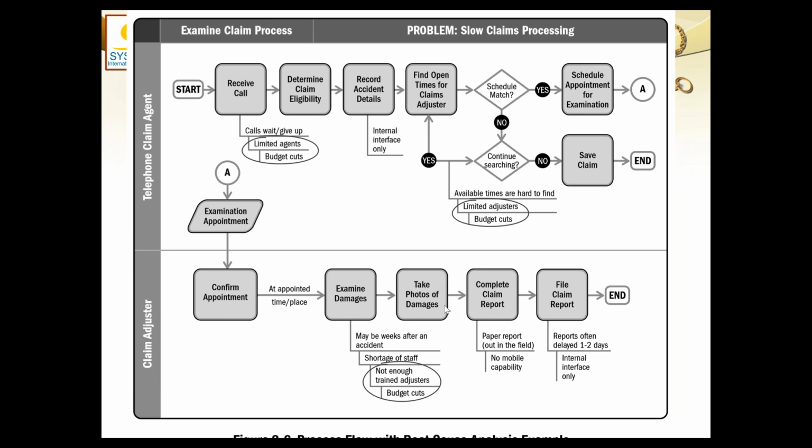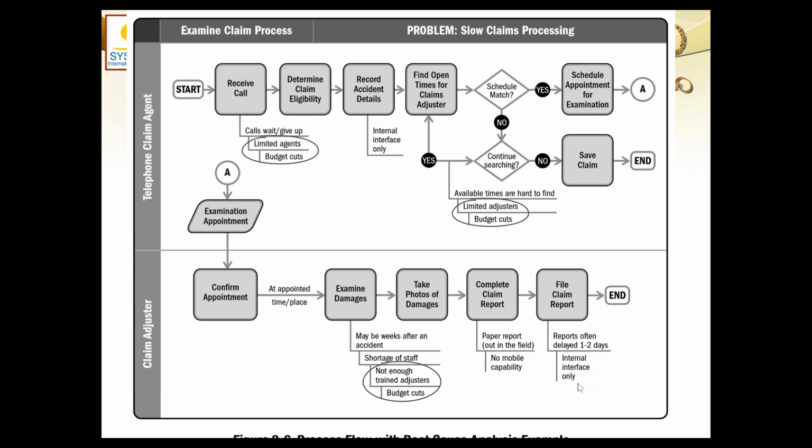So you take a photo of the damage, you complete the claim report. In the claim report also we have problem. Paper reports are out in the field. No mobile capabilities are there. Okay, once that is done, you file the complaint report. Reports often delayed 1 to 2 days.